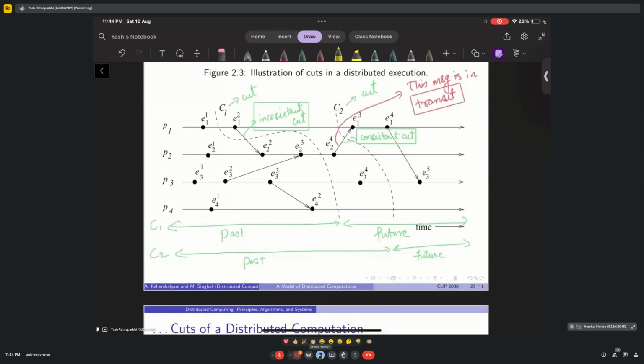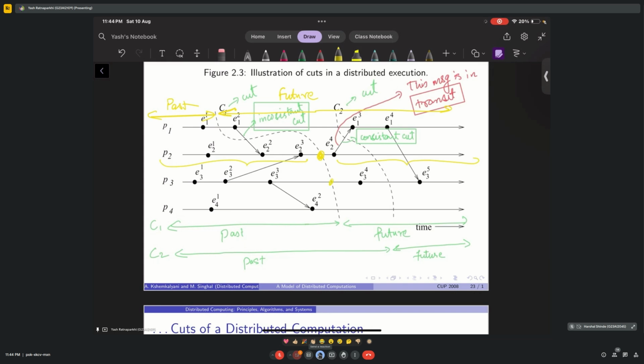ठीक है? Whenever this cut will intersect the process, whatever has been before this will be a past, and whatever will be after this will be future for that particular cut. बस इतना याद रखो. ठीक है? On this cut, from here to here will be past, and from here to here it will be future.